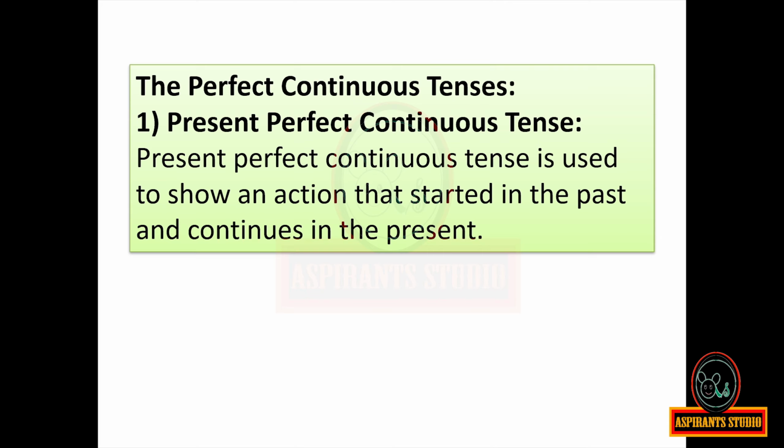The perfect continuous tenses. Present perfect continuous tense. Present perfect continuous tense is used to show an action that started in the past and continues in the present.